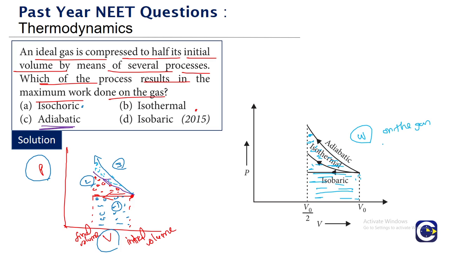If the volume of the gas is increasing, work will be done by the gas. So work done on the gas is maximum in the adiabatic process. In fact, this model of question has already come in one of the other years also. So the correct answer is that the adiabatic process will have maximum work done on the gas.